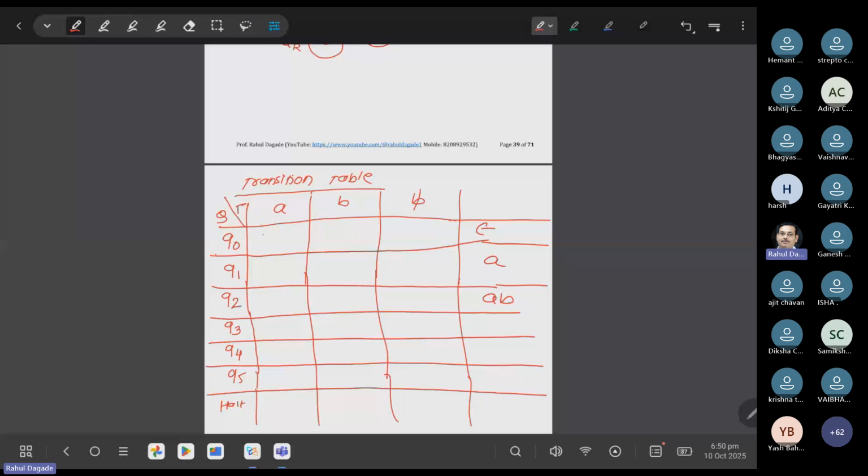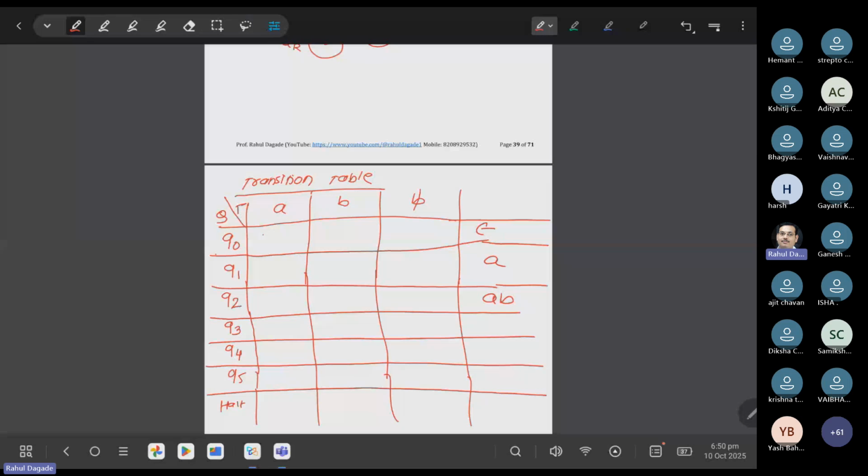And then what should Q4 do? Convert this A into B and then the pointer comes to the next, that is Q5 state. And convert this into A and convert this into A.